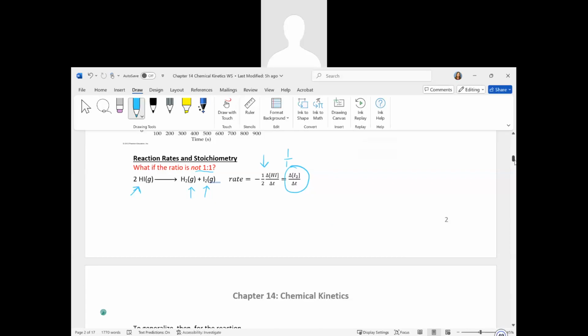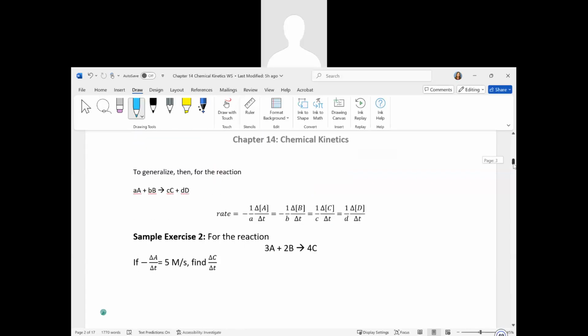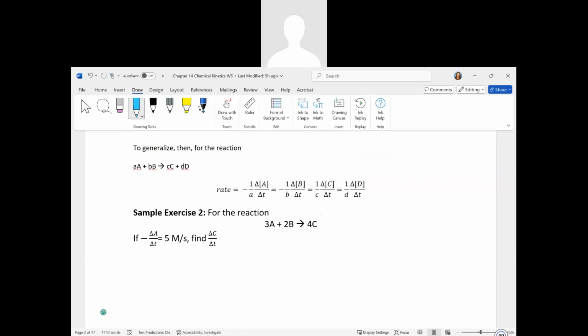Let's take a look at this generic setup down here. If we generalize this equation, where the lowercase letters are coefficients and the capital letters represent our species, our reactants and products, we always place whatever the coefficient is.